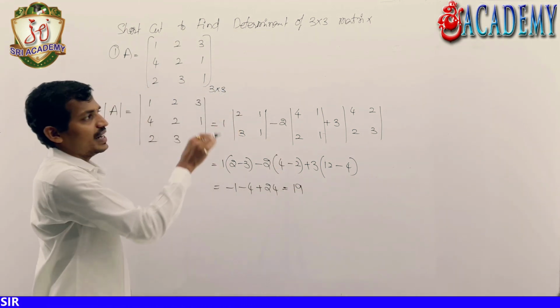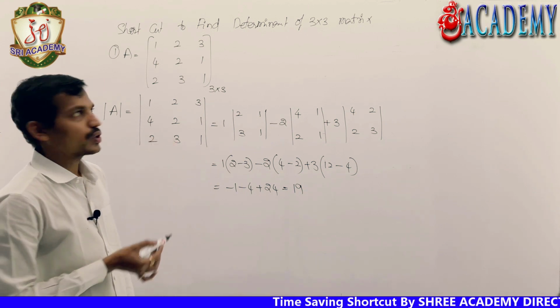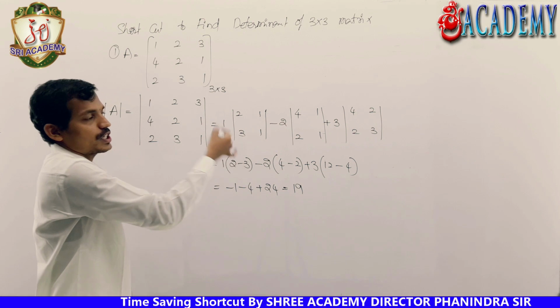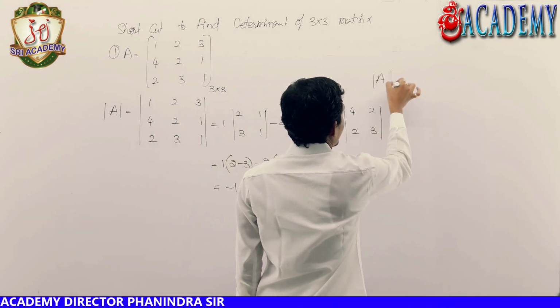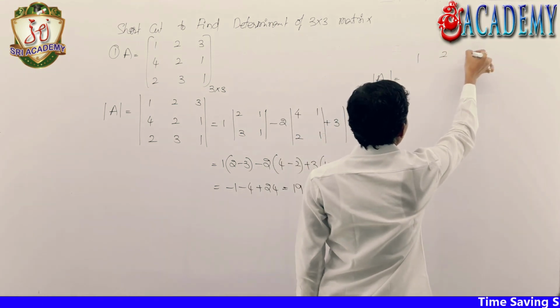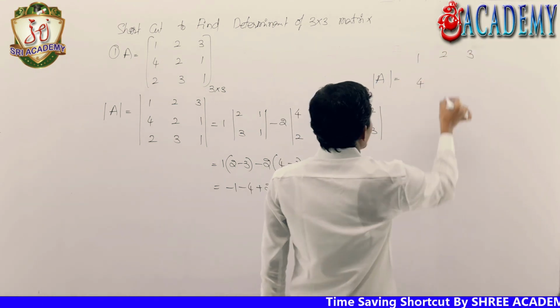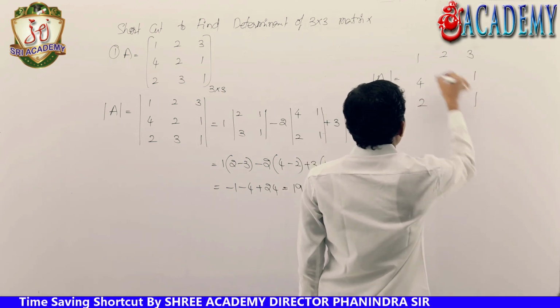This is the procedure to find the determinant of a matrix. Here I am giving one shortcut to represent this matrix without this procedure. Simply, I am writing the determinant, first writing the elements 1 2 3, 4 2 1, 2 3 1.